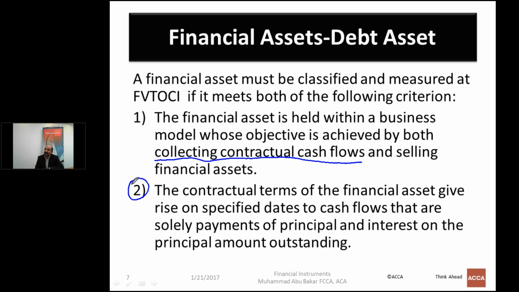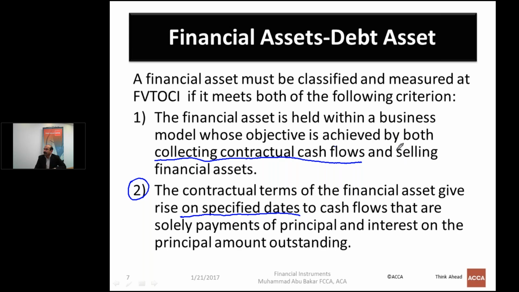The second is the same as we have seen in the last slide: the contractual terms of the financial asset give rise on specified dates to cash flows that are solely payment of principal and interest on the principal amount outstanding.